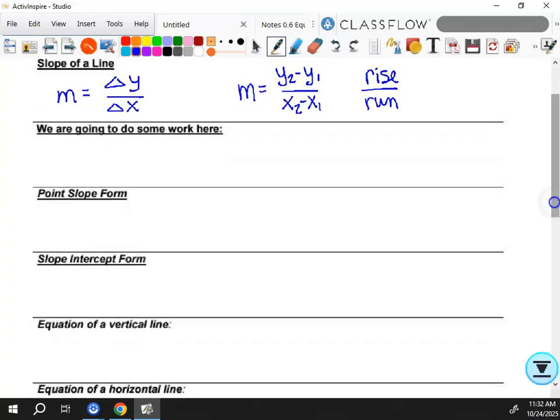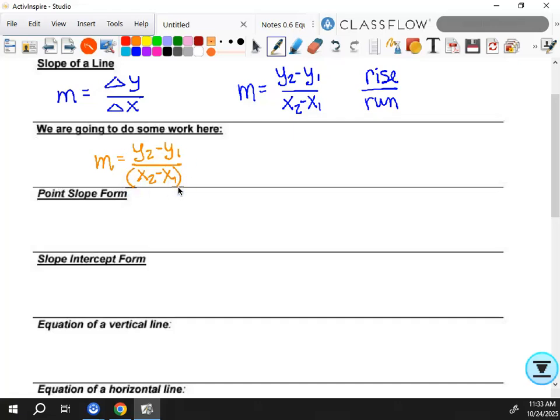So then, we're going to do a little work here. We're going to rewrite the slope of a line: y2 minus y1 over x2 minus x1. And we all know that we don't all love fractions, right? If we want to clear the fraction, we multiply by what's in the denominator.